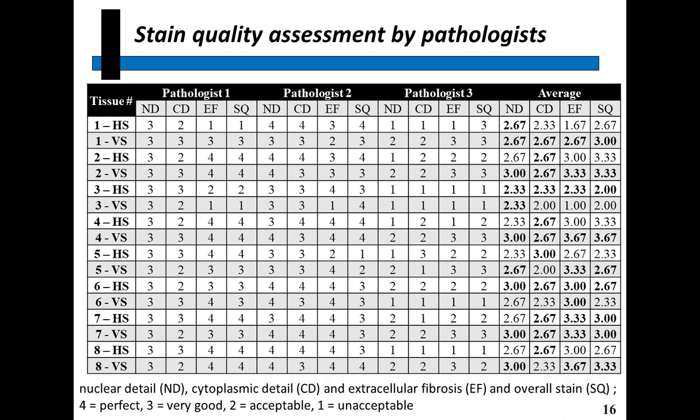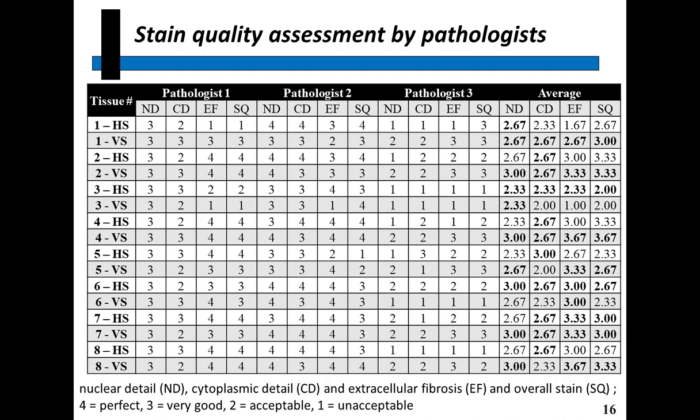And the other assessment that the pathologists have done was what we call the staining efficacy. For the staining efficacy or stain quality, we asked them to give a grade between 1 and 3, on two different cytometric details that we asked them, and the overall staining quality.